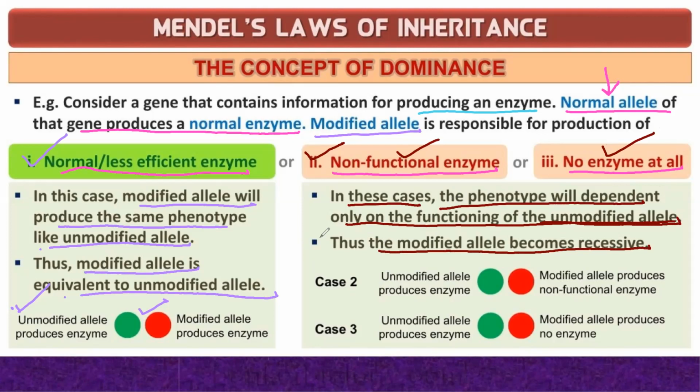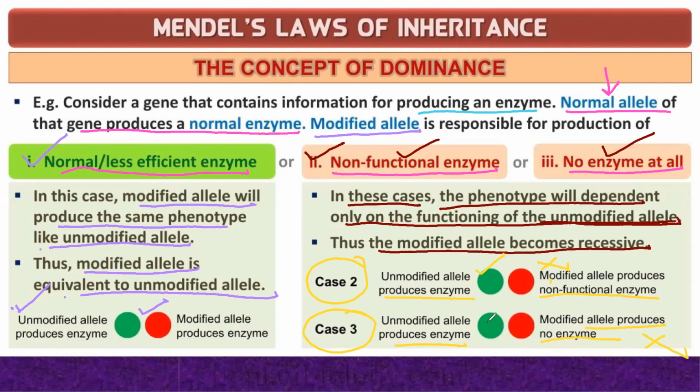Let's see case 1 and case 2. Here, in case 1, the unmodified allele is producing an enzyme, whereas on the other hand, the modified allele is producing non-functional enzyme. So in this case, the modified allele is not at all functioning. In case 3, the unmodified allele will produce the enzyme as it does, whereas the modified allele is not producing any enzyme.